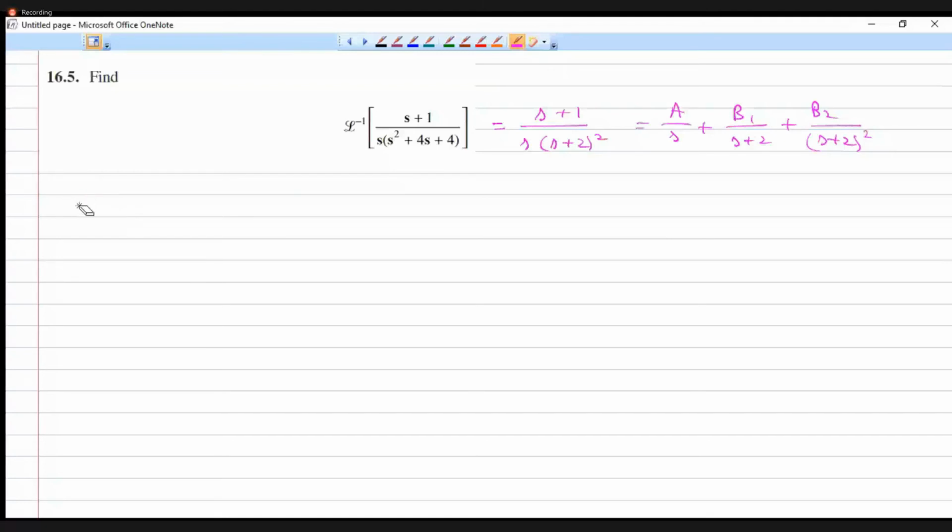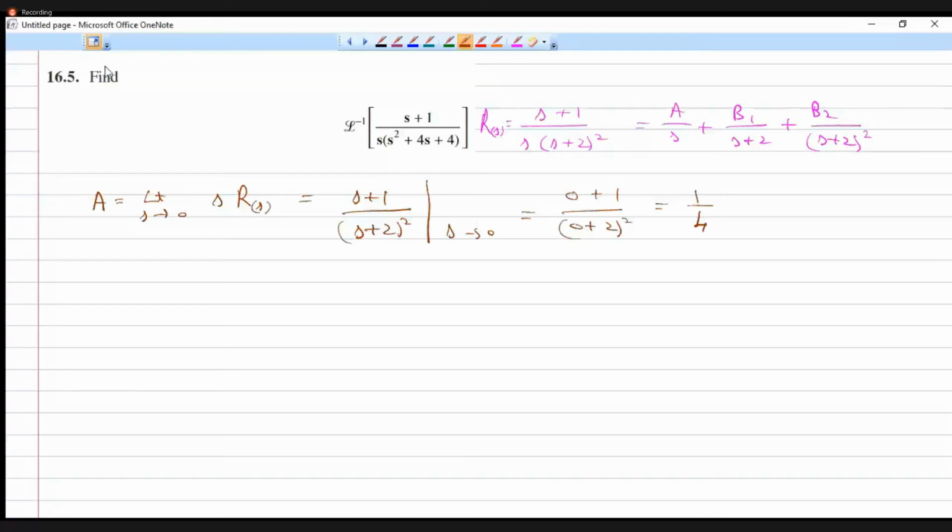Let me call this R of s. So a is equal to the limit s tending to 0 of s into R of s. That is equal to (s plus 1) divided by (s plus 2) the whole square as s tends to 0. So that will be 0 plus 1 divided by (0 plus 2) the whole square, that is equal to 1 by 4.